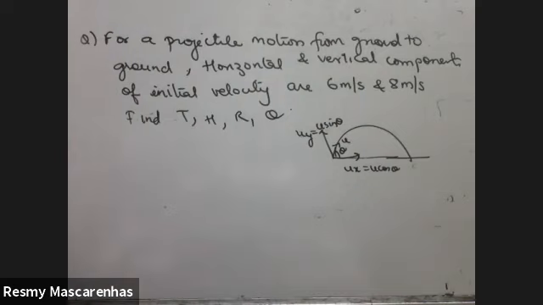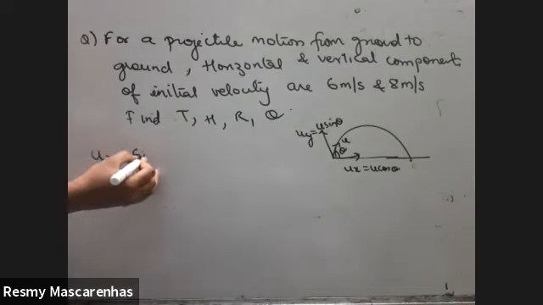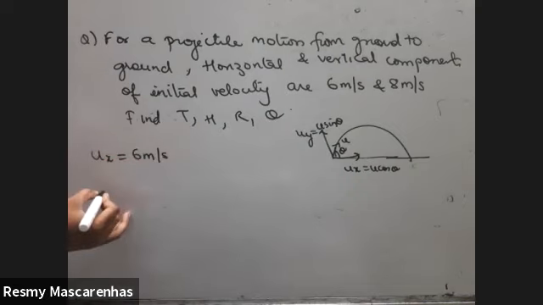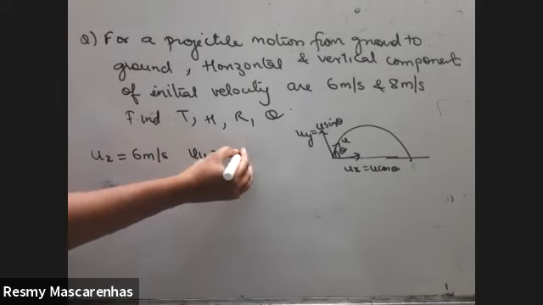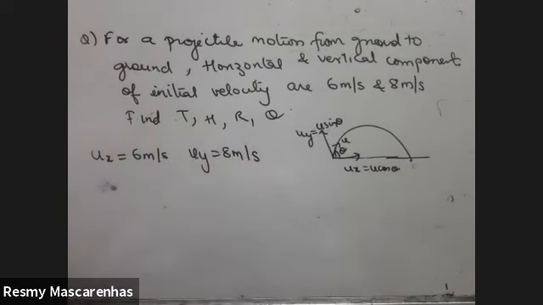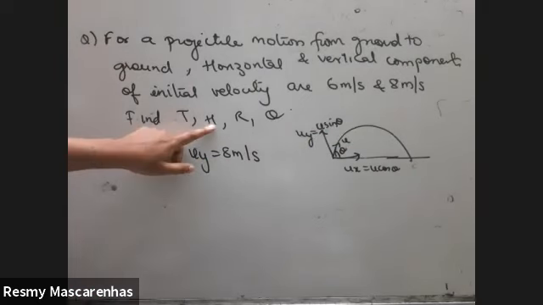Main u is not given because the horizontal and vertical components are given. So ux is given to me as 6 meters per second. Uy is given as 8 meters per second. Nothing else has been given. So our aim is obviously to find angle. Otherwise, anywhere you see, you will need angle to calculate time also.